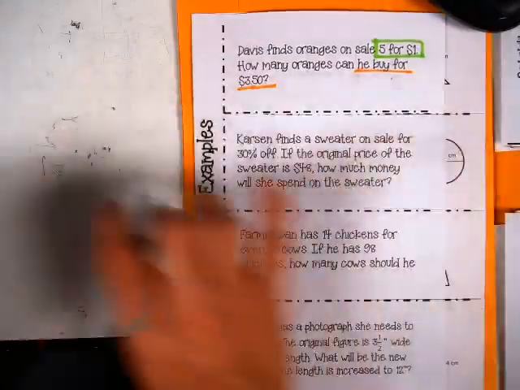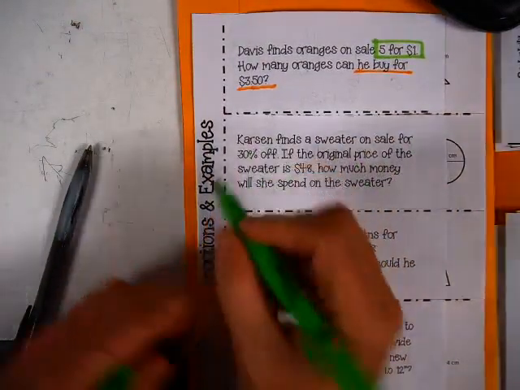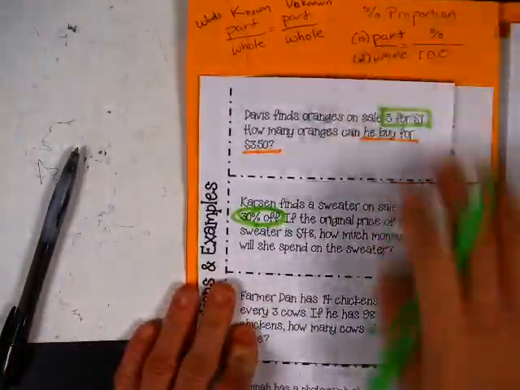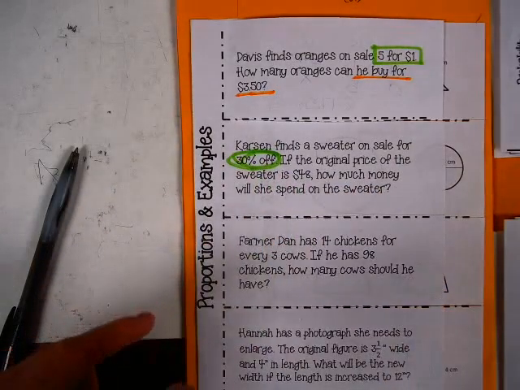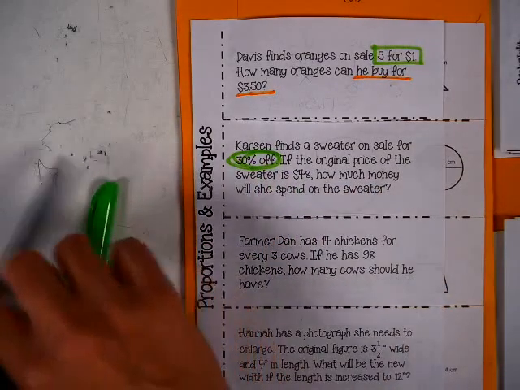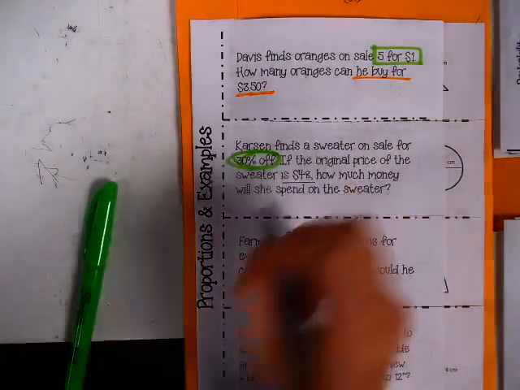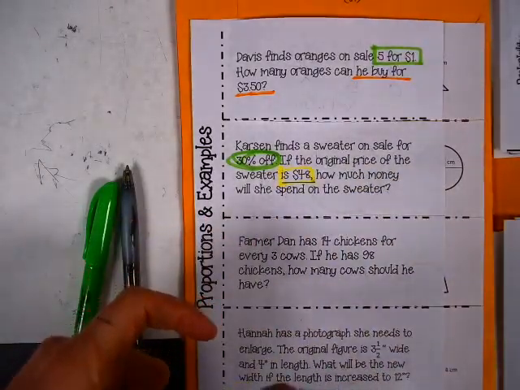Alright. Now let's see. Karen finds a sweater on sale for 30%. Woohoo! Big neon sign here. You're going to use the percent proportion. The original price, which is the whole, is $48.